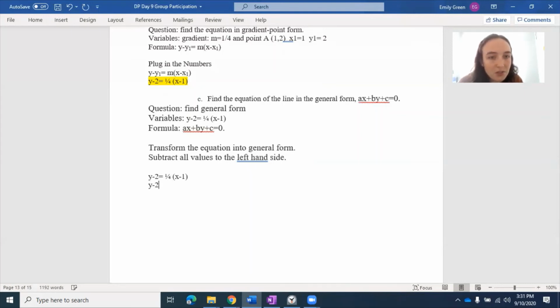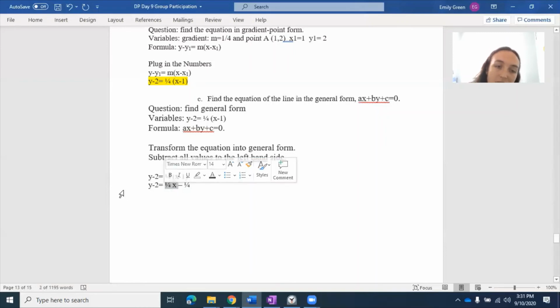So we keep the y minus 2, and we're going to multiply this 1/4 out to every part of the equation. So 1/4 times x, that's going to give us 1/4 x. And 1/4 times -1 is just going to be -1/4. So now that we've opened those parentheses out, we can move terms to the other side. So we're going to move this 1/4 x to the other side, and it will become negative because we're going to subtract 1/4 x from both sides.